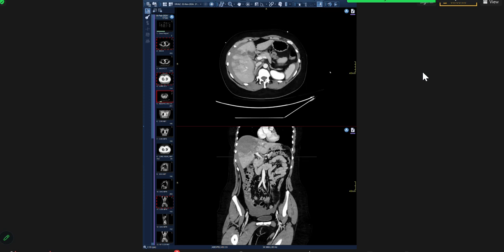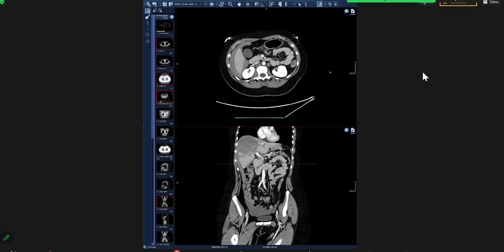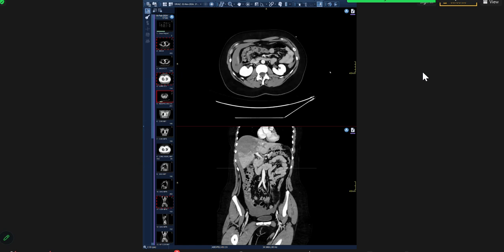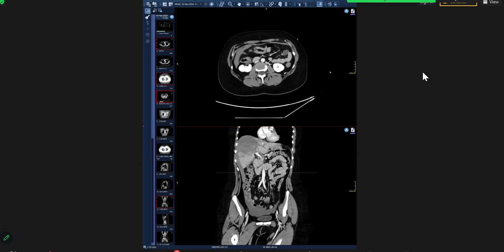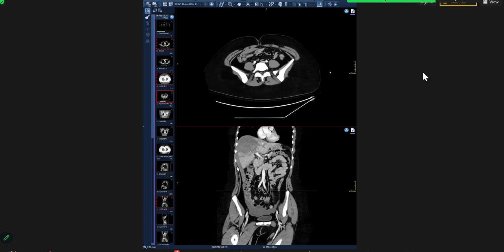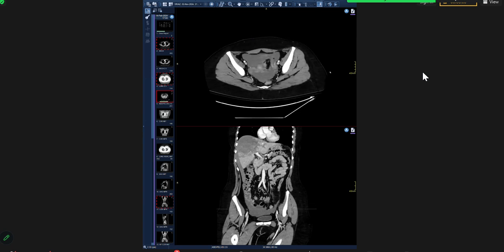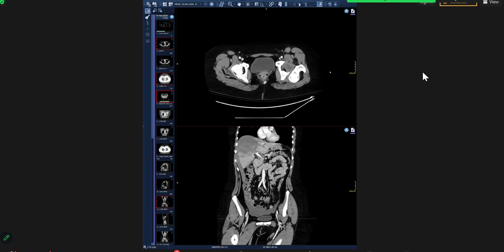GB is unremarkable. Kidneys are normally enhancing. Spleen also normal. No peripancreatic fat stranding is noted. Vessels are normal. And there is also dense ascites in the pelvis. Left femoral head is also dislocated posteriorly.